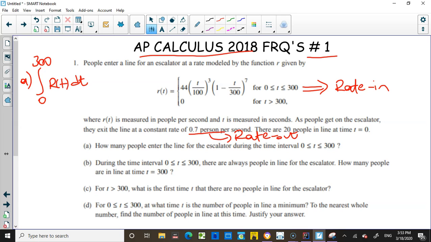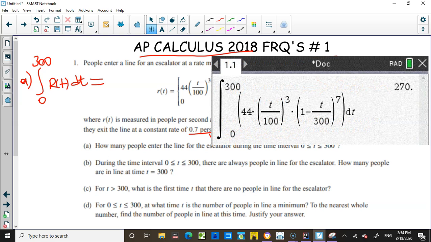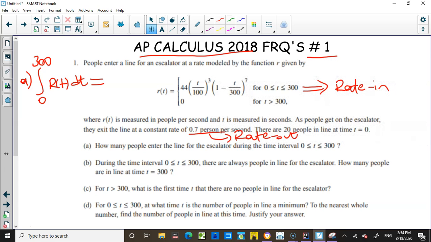That's going to give me the number of people entering the escalator. If we grab the calculator and calculate that, it is going to be equal to 270. So according to the model, 270 people enter the line for the escalator during the time interval 0 less than or equal to t less than or equal to 300.